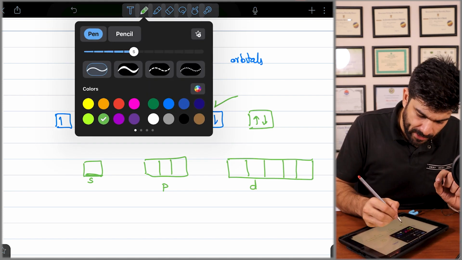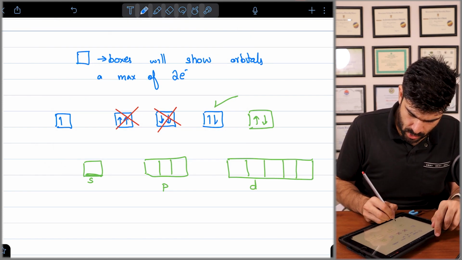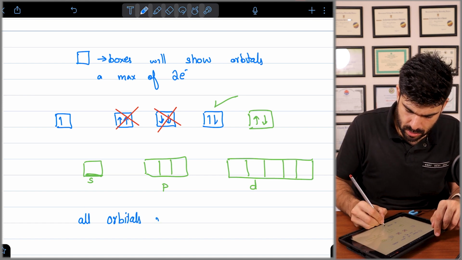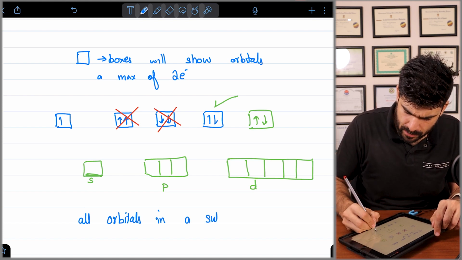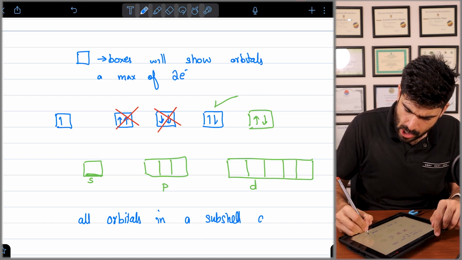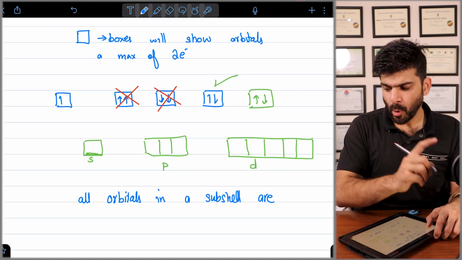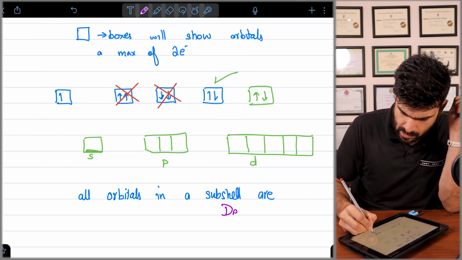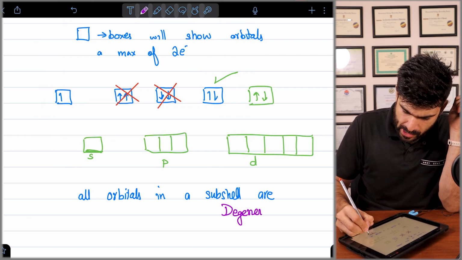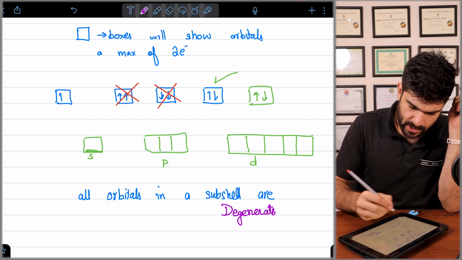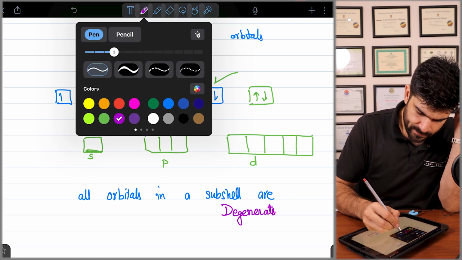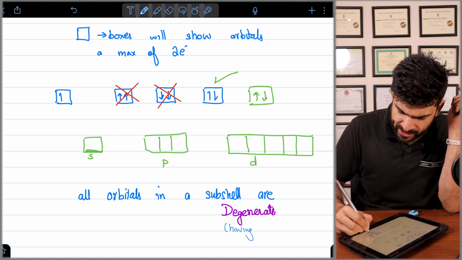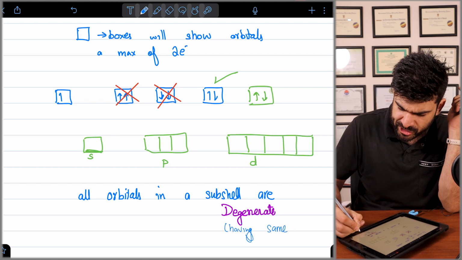So an important term that comes here, all orbitals in a subshell are, this is an important term that you need to mention in the exam as well, degenerate. What do we mean by that? Having same energy.